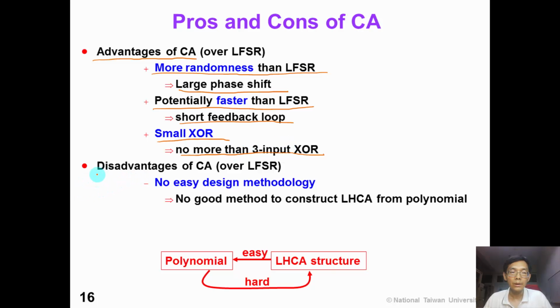However, there is one major disadvantage of cellular automata. The problem of cellular automata is that we do not have an easy design methodology to define an LHCA structure. As we have shown in our previous example, given an LHCA structure, we can find out its primitive polynomial.